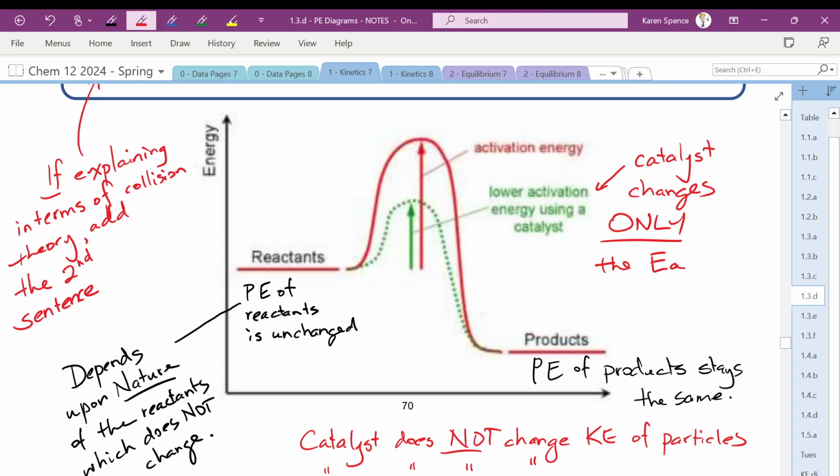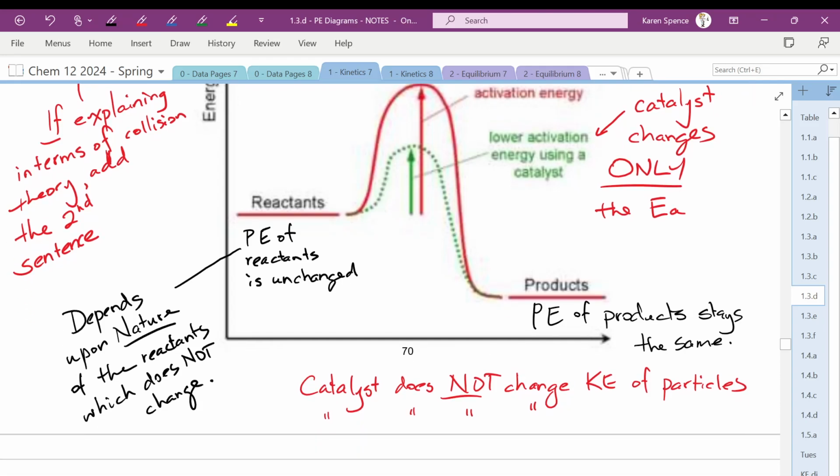So when I put those little ditto marks underneath, it just means I don't want to write the same thing again. It means catalyst does not change the number of particles. It just means I don't have to write the same sentence stem again, okay?